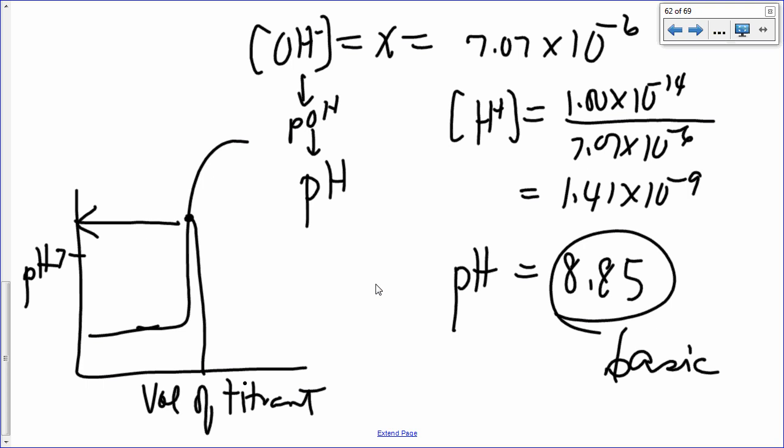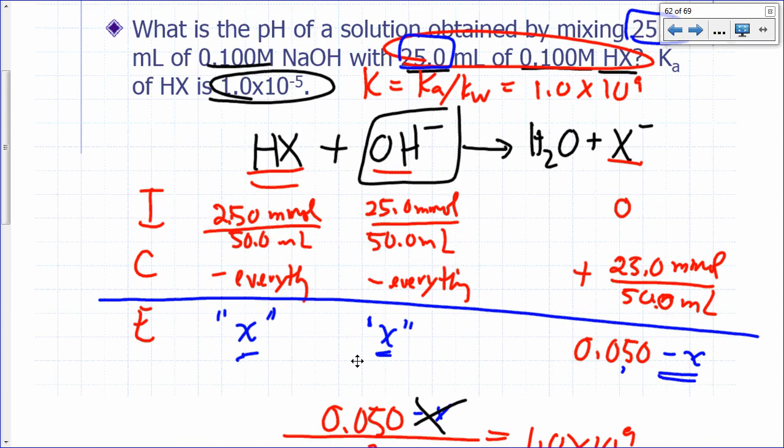Okay? And you can explain that because pretty much what you have is you're out of HX. What you really just have is the conjugate of HX, which is a weak base. So X minus will hydrolyze.